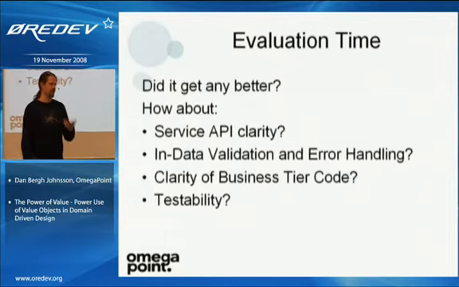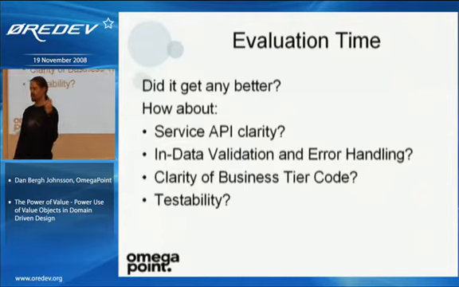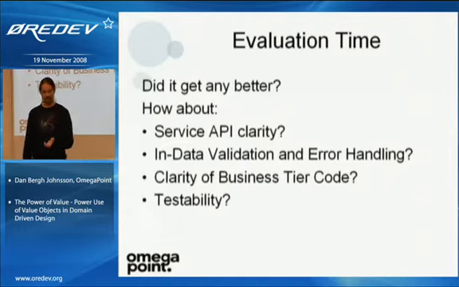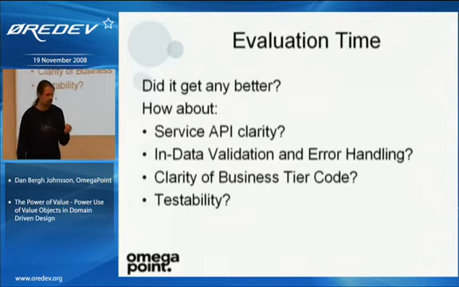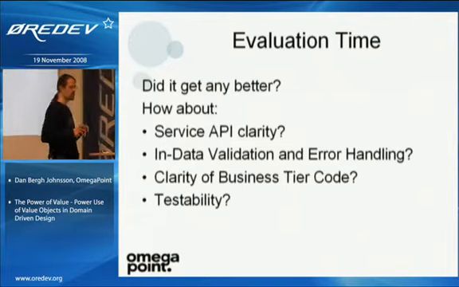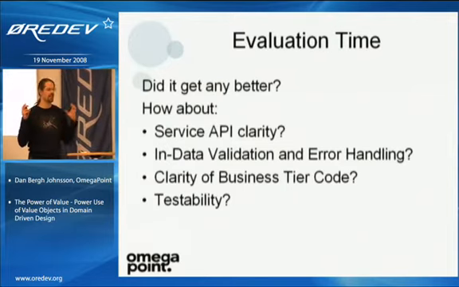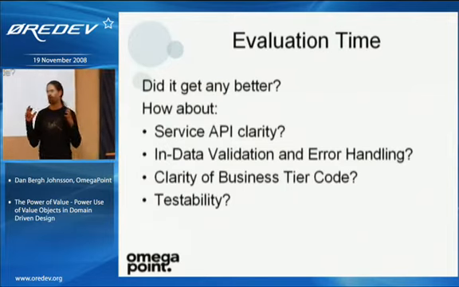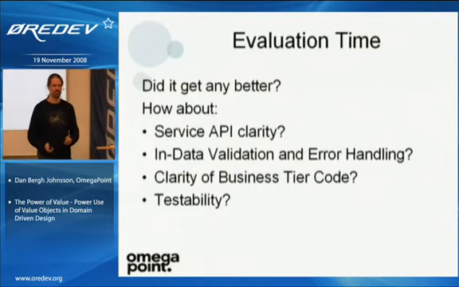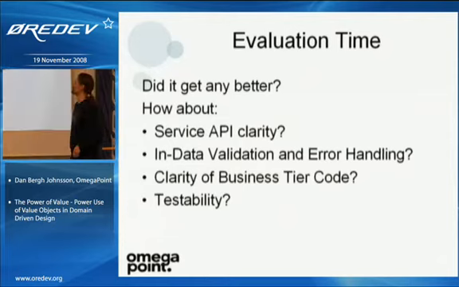Let's have a look at what happens with in-data validation and error handling. Let's have a look inside the business logic code and see what happens with the brevity and clarity of that code. And let's have a look at testability. And this is going to be real fast.